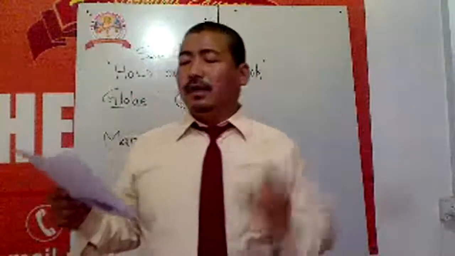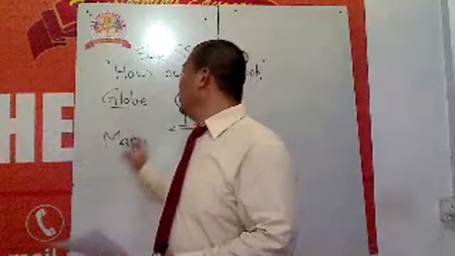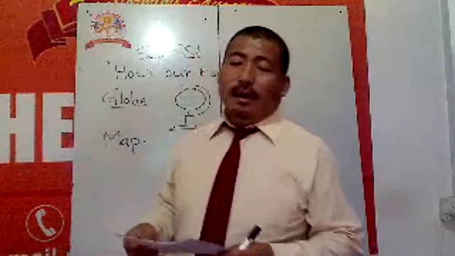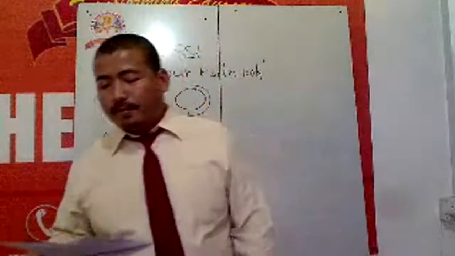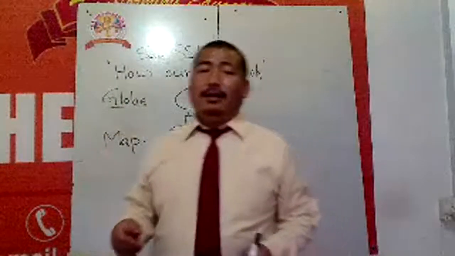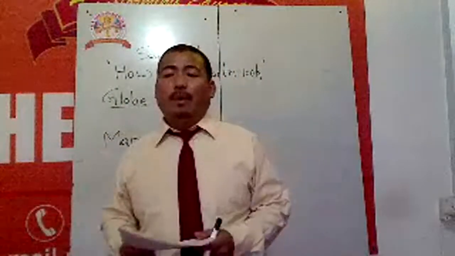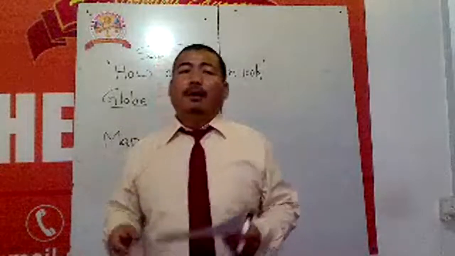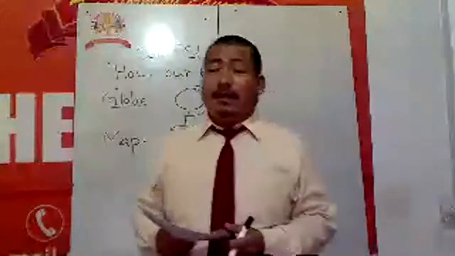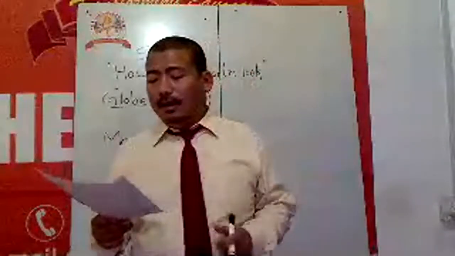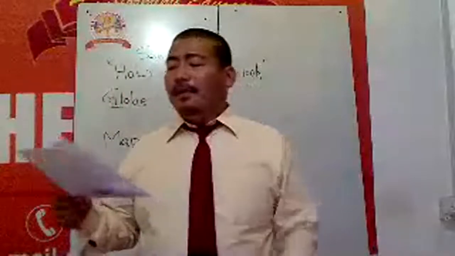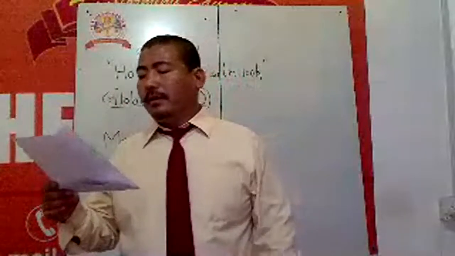Water bodies are shown in blue color, and the continents, the land on the earth, are shown in brown color. An ocean is a large body of water, and we have more water than land on the earth, and there are very big oceans.